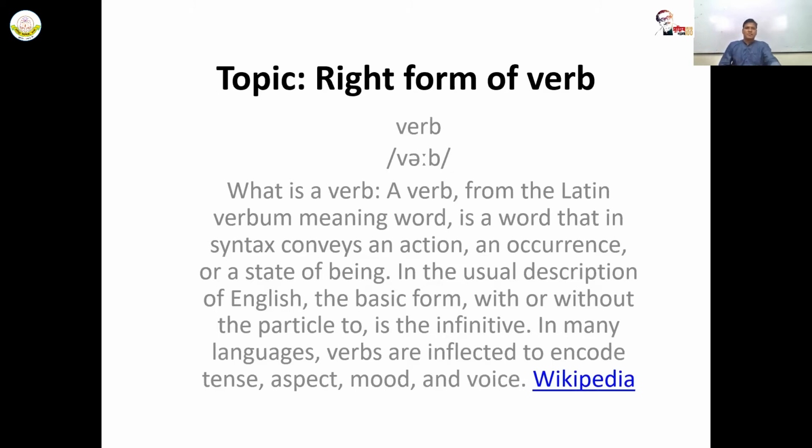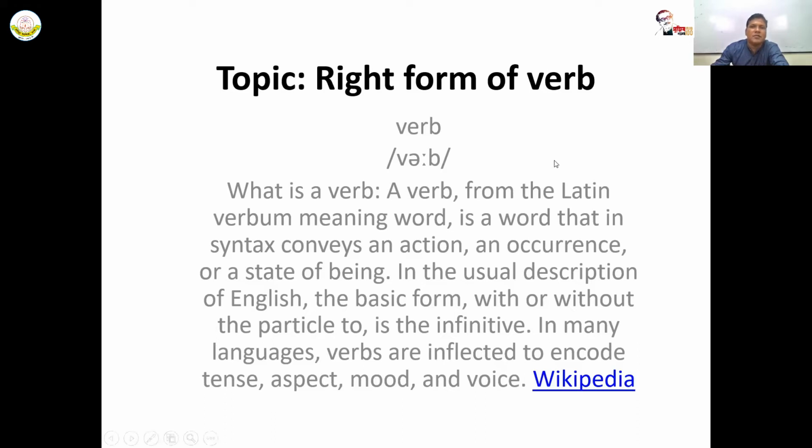So what is a verb? A verb, from the Latin verbum meaning word, is a word that in a sentence conveys an action, an occurrence, or a state of being. In the usual description of English, the basic form, with or without the particle to, is the infinitive. In many languages, verbs are inflected to encode tense, aspect, mood, and voice.